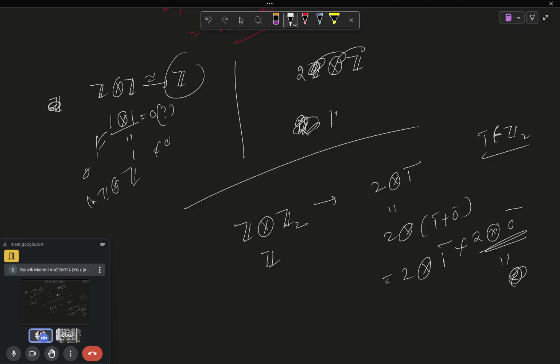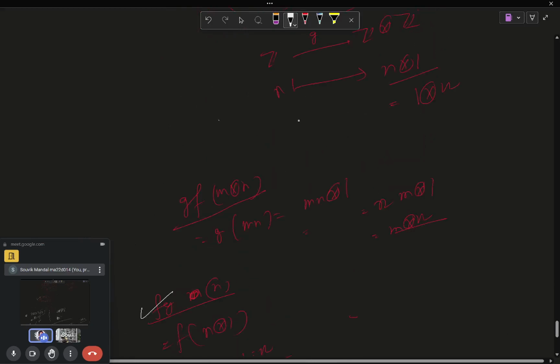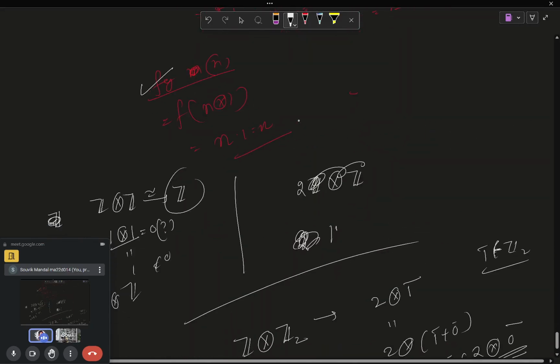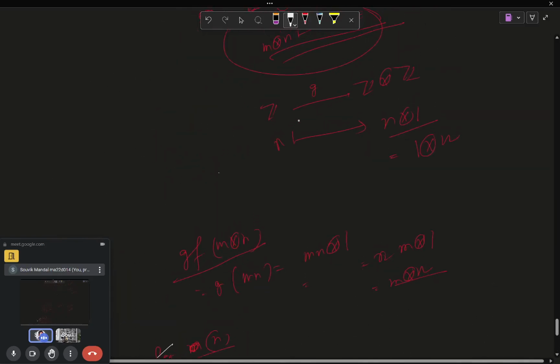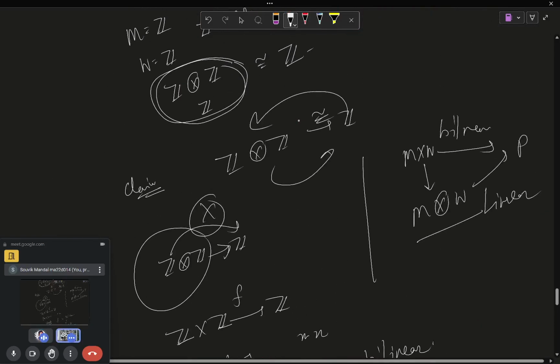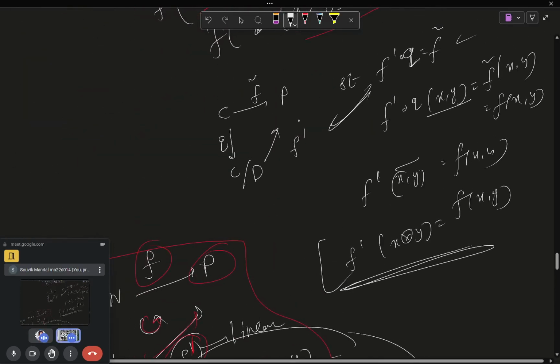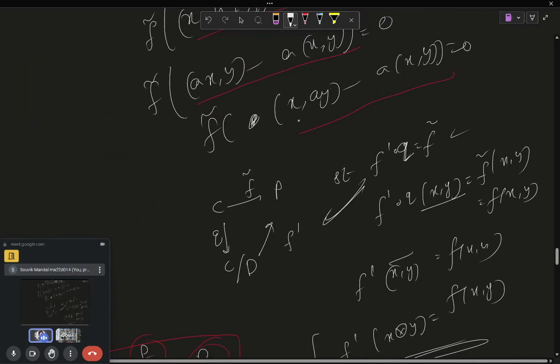Any other way? I have missed writing down that property. I have written just one property. If you could not write, please tell me, I will stop. One second. Which portion? Yes, here.